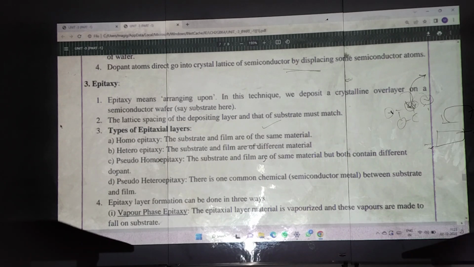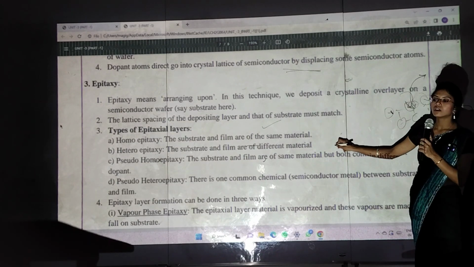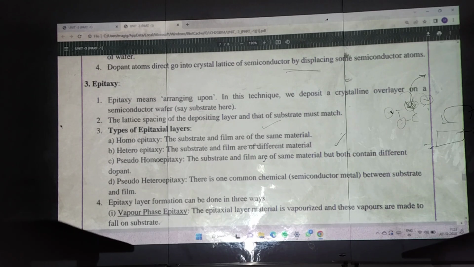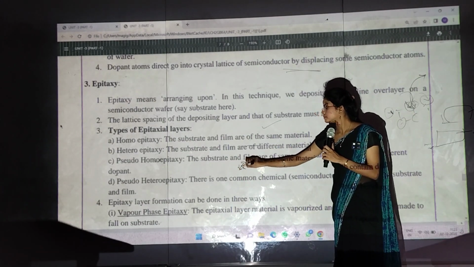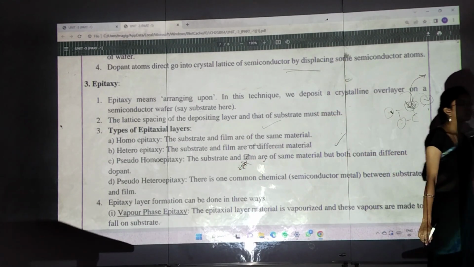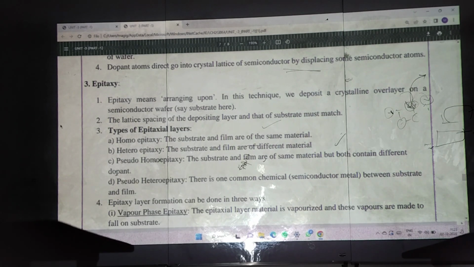There are types: homo, hetero, pseudo-homo, pseudo-hetero. If the substrate and film are the same, we call it homo. If they are different, we call it hetero. The film is nothing but the epitaxy layer, also a thin layer.